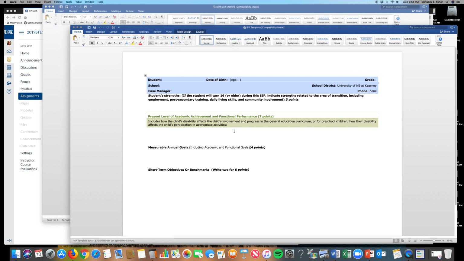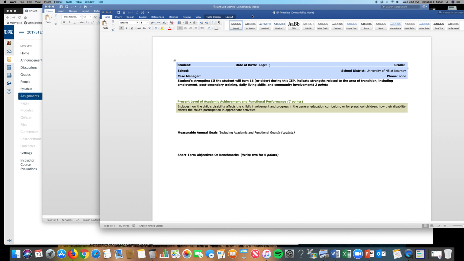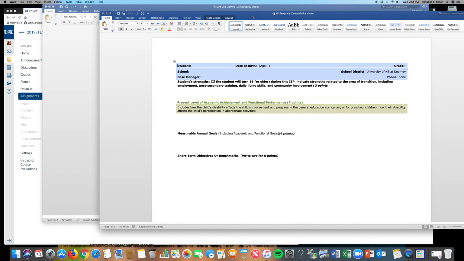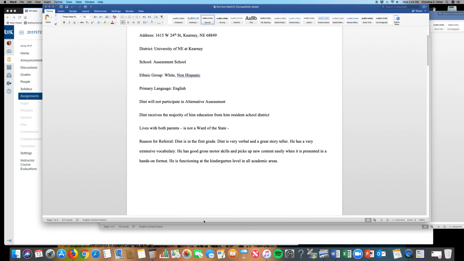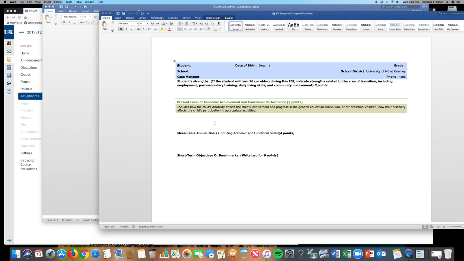First thing you're going to do is write out some student strengths, and they can be the same that you've listed, similar to the ones you listed on your TEMA protocol. They also can be from the information here that I've given you on the didn't do it math. Then you're going to do a present level of academic achievement and functional performance.